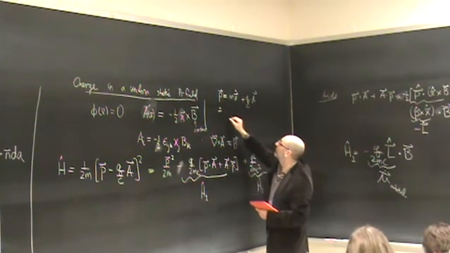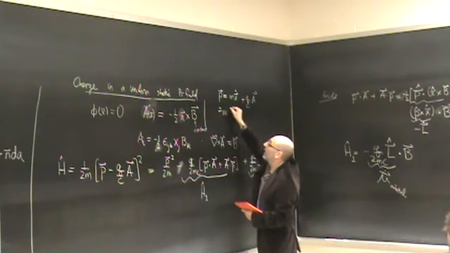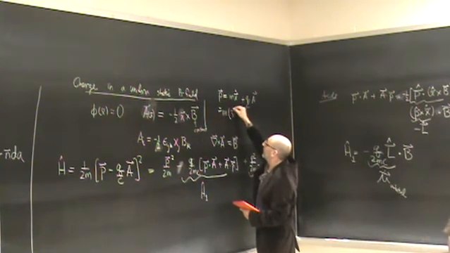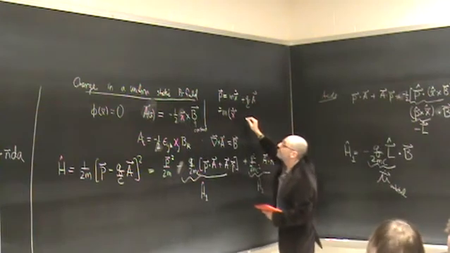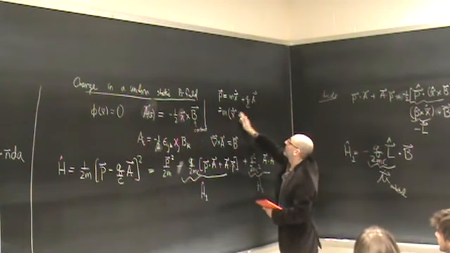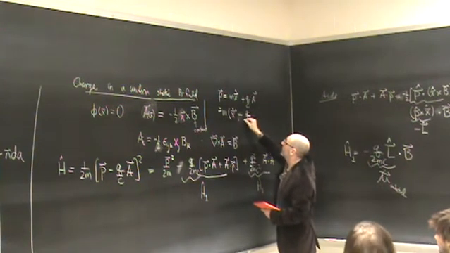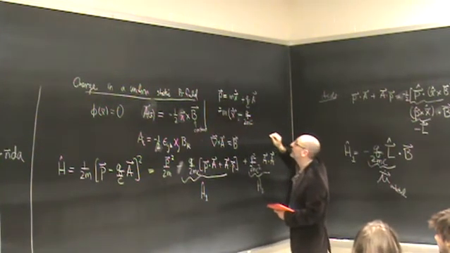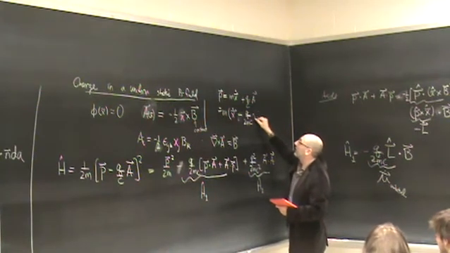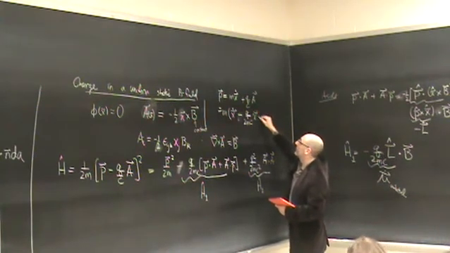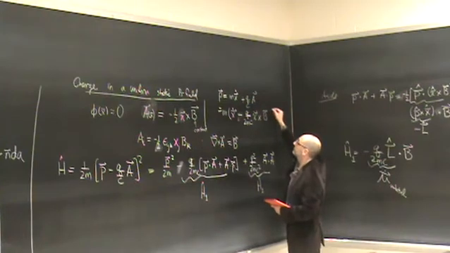Okay, what is it for this particular case? Well, it's equal to m x dot, or in this case, I guess minus q over 2mc x cross v.